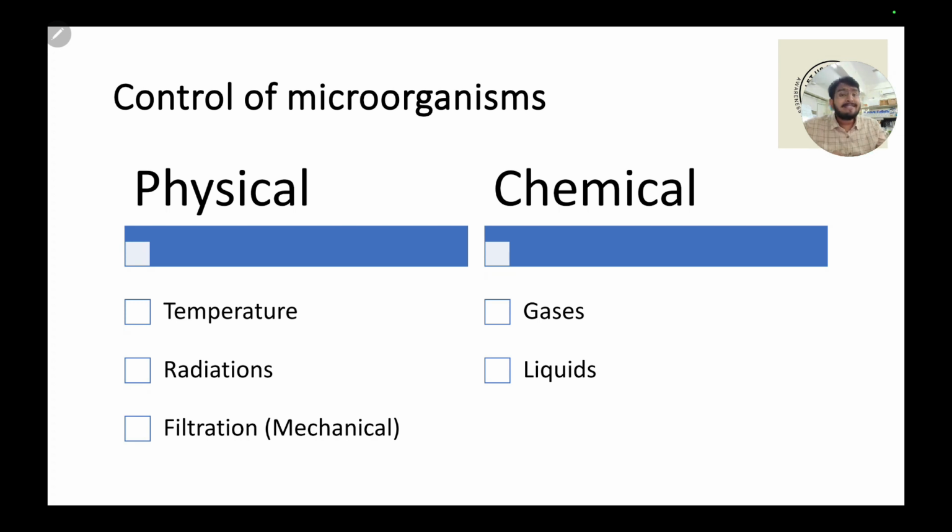But if it is not safe for humans, in that scenario, you can use it for controlling microorganisms on inanimate surfaces, which means non-living surfaces like a table or a floor or your work desk. So it completely depends on what the application is all about and which agent you're planning to make use of.